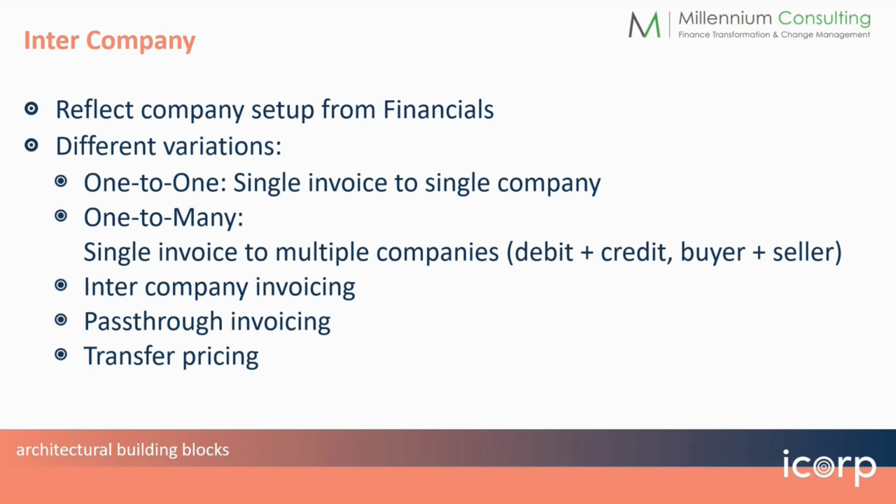And one of those building blocks is also intercompany. This actually reflects the company setup in financials most of the time, but we could deviate from this. And there's more variation to this one. It starts out with one-to-one invoicing, meaning that one single invoice is only booked to a single company. But it could also be that one invoice leads to multiple financial records to multiple companies, such as if we model the full debit and credit flow, thinking about buyers and sellers, then we have one document, but that supports two financial transactions to maybe multiple companies.